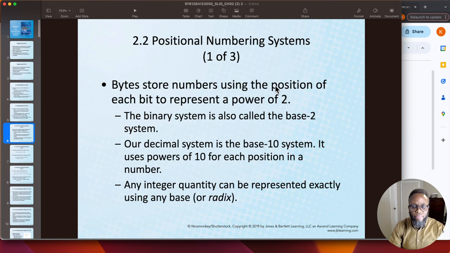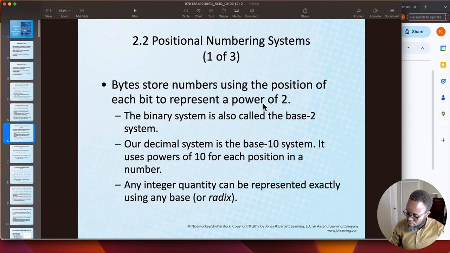We talked about bytes storing numbers using the position of each bit to represent a power of 2. I think in the textbook there are some exercises on how you take a decimal and convert it into binary representation.